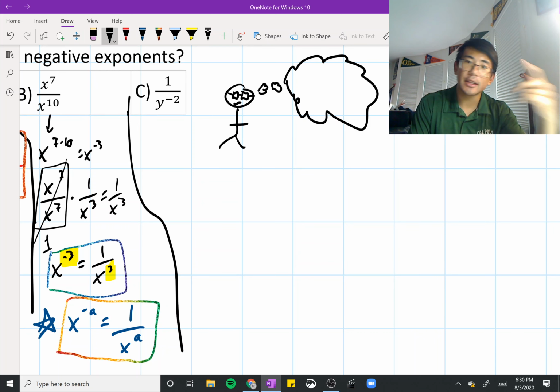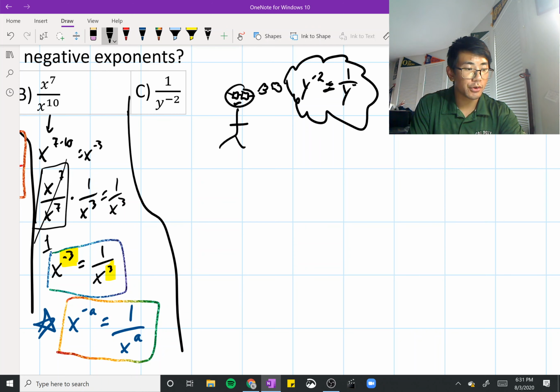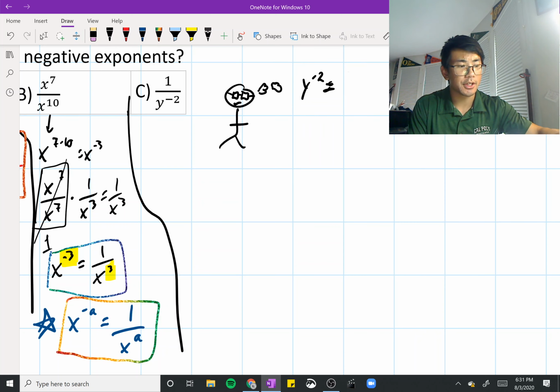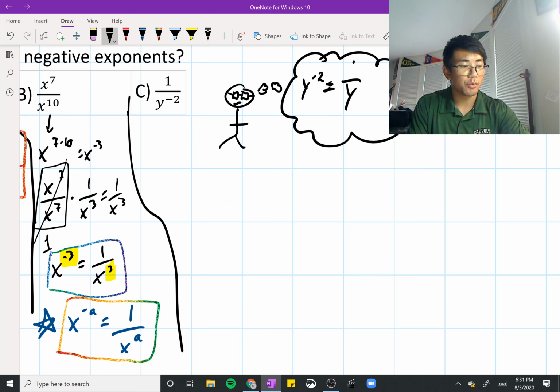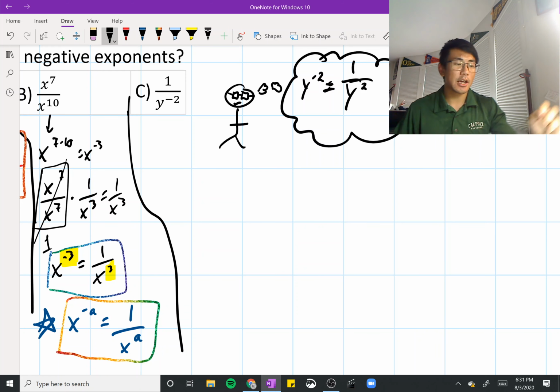I am already thinking, well, let's see. I know that y to the negative 2 on its own is equal to 1 over y squared. Let me write that a little neater. 1 over y squared, right? I already know that. Well, let's now substitute that in.